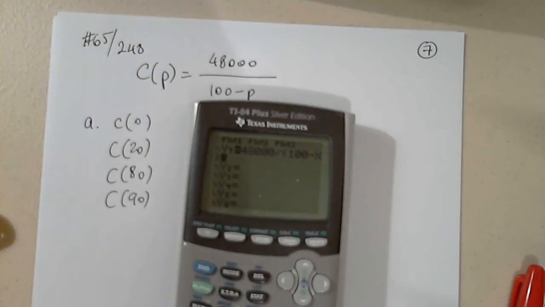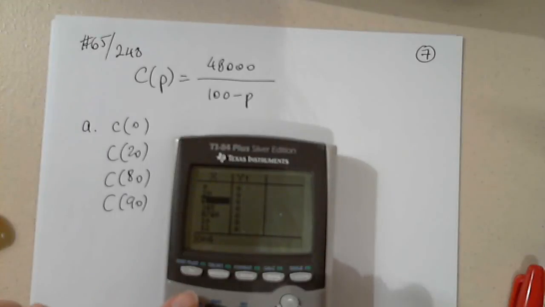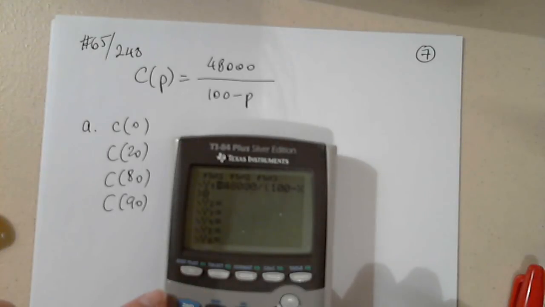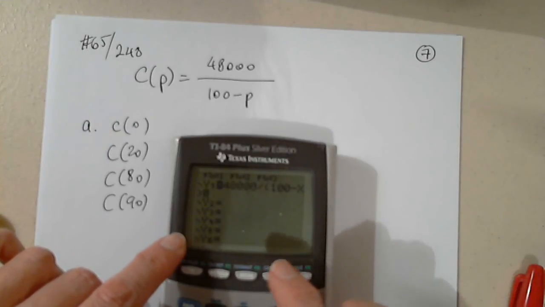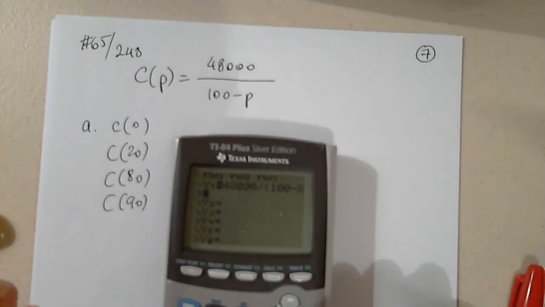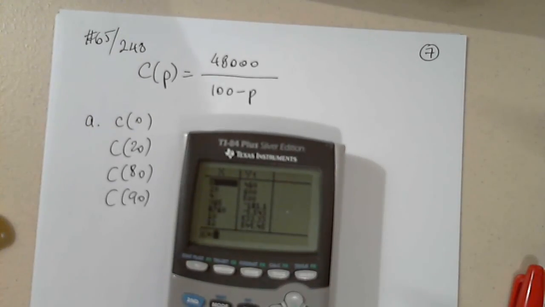And I am going to put in 0, oops, that's not what I meant, second and table first. 0, 20, 80, and 90.